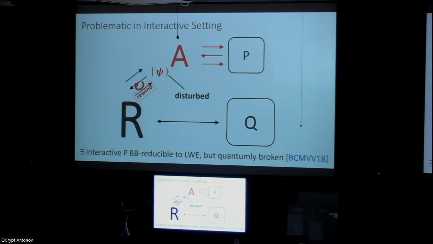So they really showed that the reduction can use a classical adversary to break the assumption Q, whereas it cannot use a quantum adversary to break this assumption, exactly because the reduction fails to rewind a quantum adversary, whereas it succeeds to rewind a classical one. Okay, so this is not just a problem of our analysis. This is a real problem. In general, reductions do not carry over to the post-quantum setting if the primitive is interactive.